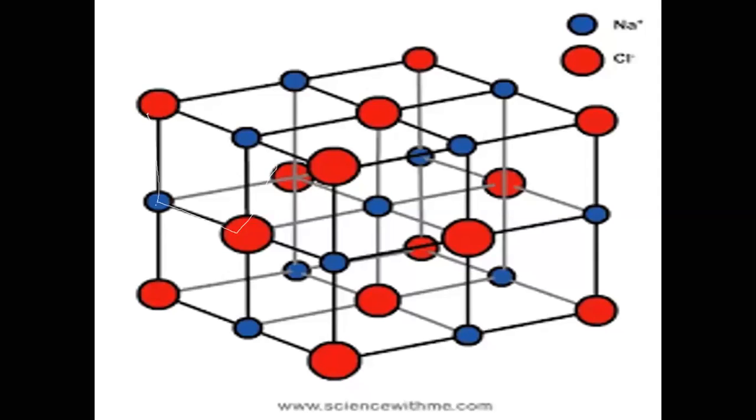So this is the shape of the matter. It will take this shape in a normal way. No one will tell the matter to take this kind of shape, because an ionic bond connects the particles of Na with the particles of Cl.